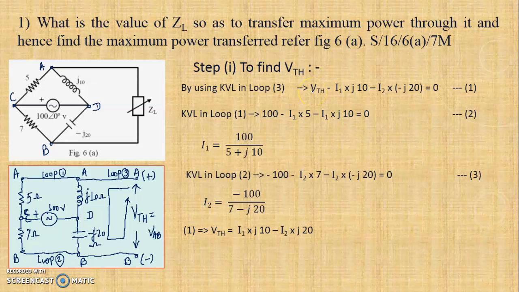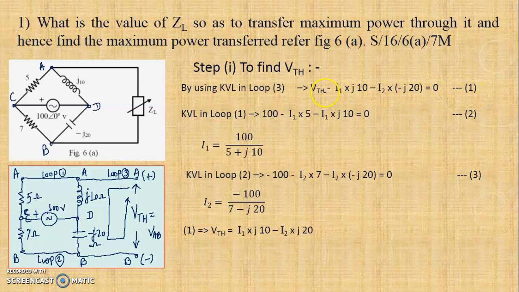Then J10 is from positive to negative, which means negative, so it is written as minus I1 into J10. This represents a voltage drop. Then for DB, where we have minus J20, again minus I2 into minus J20, which is equal to 0. That is equation 1.